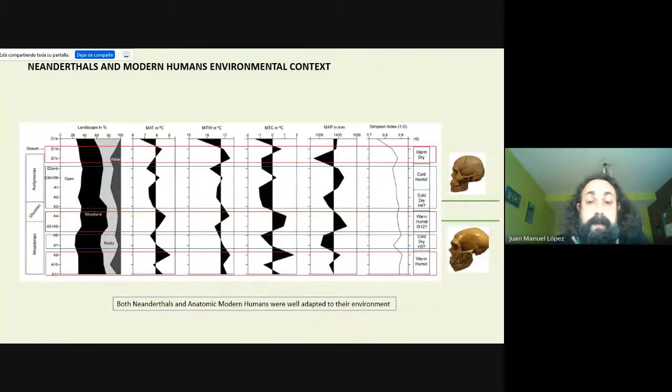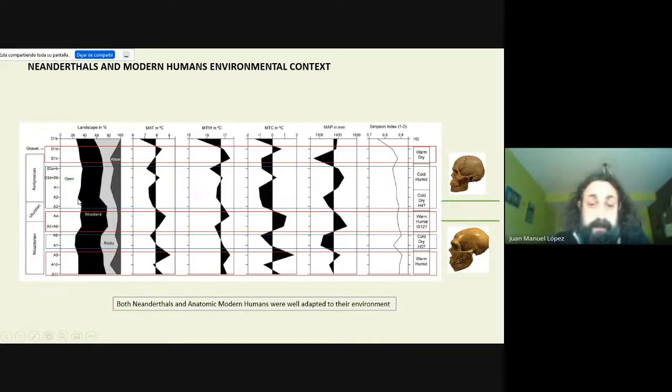Finally, the most important thing, and this is the reconstruction of the landscape with the habitat weighting method: open, woodland, rocky, water, and the calculations of different climatic parameters, temperatures, and the diversity. We can see the different changes.